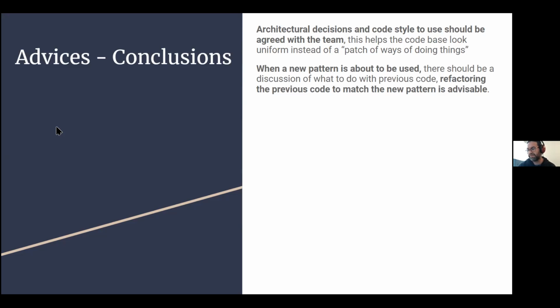Let's say someone wants to introduce a new pattern, a new way of doing stuff. There should be a discussion of what to do with the previous code. Like, yes, we're going to start doing that from now on, but we don't touch anything from the past. That's the perfect recipe for having the above, a patchwork of things. Refactoring what is in the back could be really long, could be really hard to test.